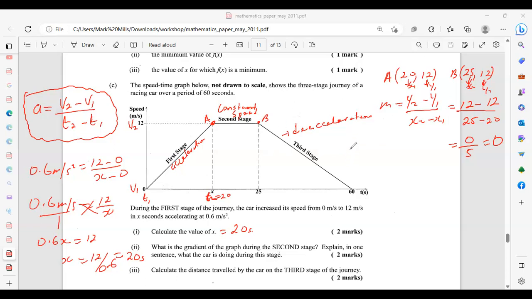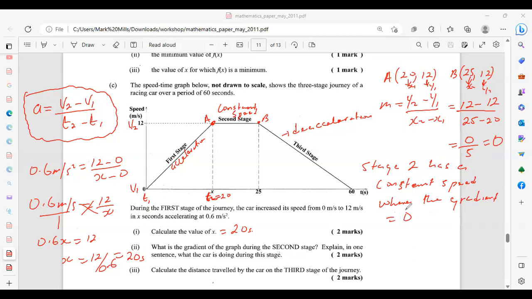Normally, wherever there's a constant speed, we are going to say stage 2 has a constant speed, where the gradient is equal to 0.